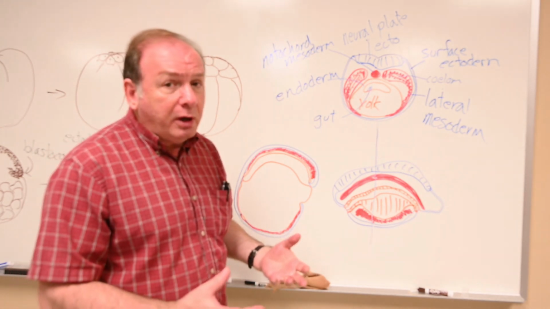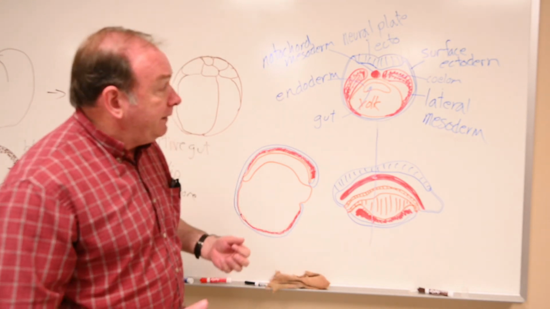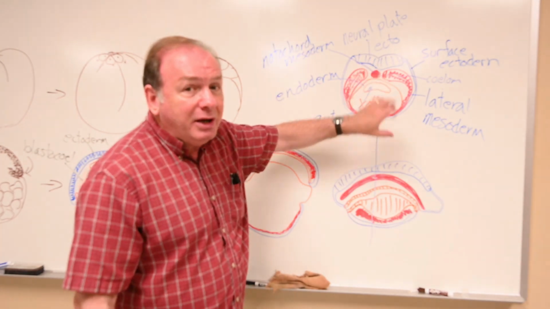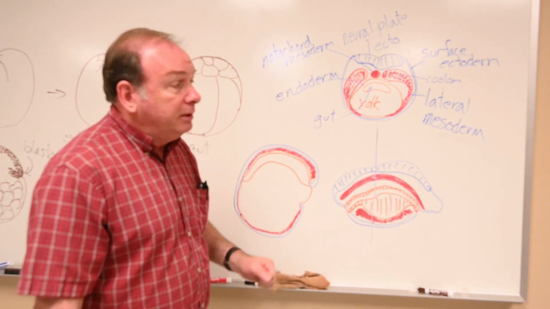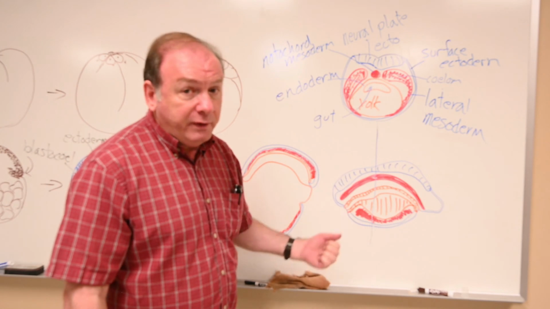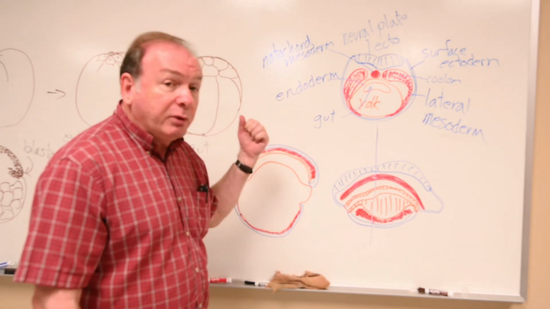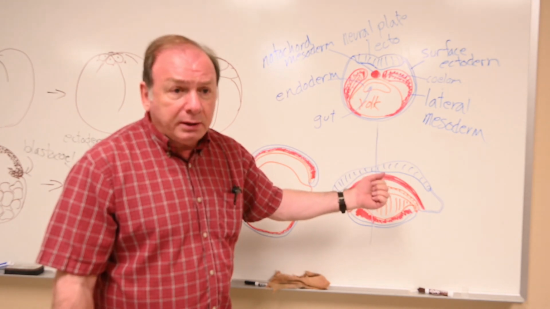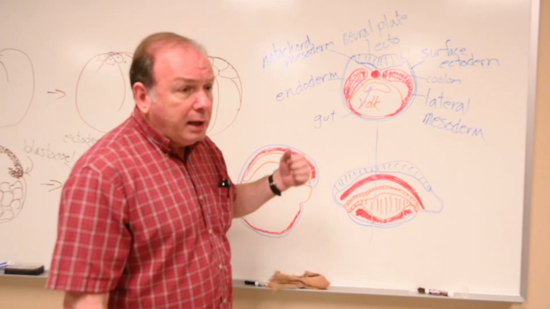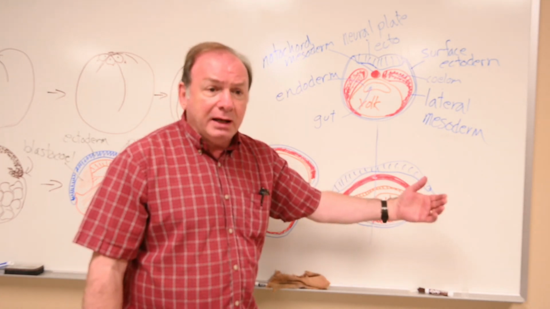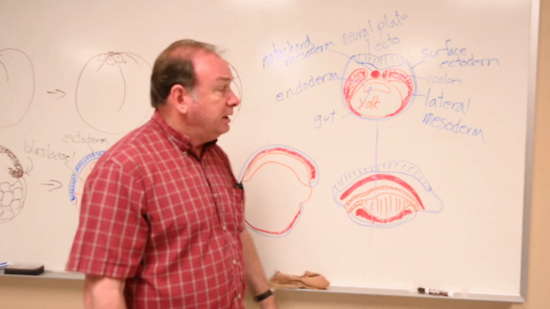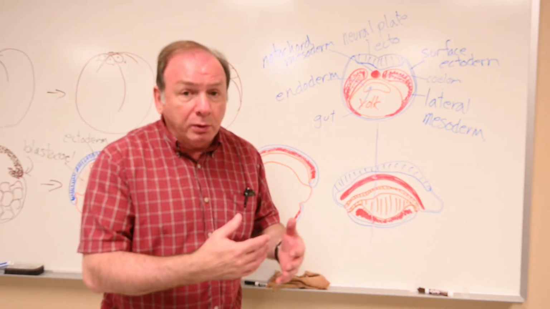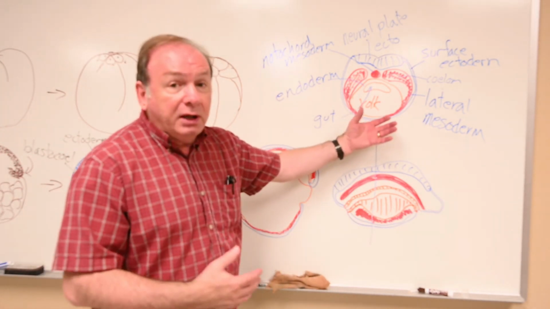Now, von Baer's law has a little bit of a problem to it in that the mechanism of getting to this stage right here is very different when you compare amphioxus to frog. It's very different when you compare frog to an amniote, like a bird that we'll look at. And it's very different even again to the mammalian condition. So von Baer's law seems to break down and not really hold in the process of getting to this stage.